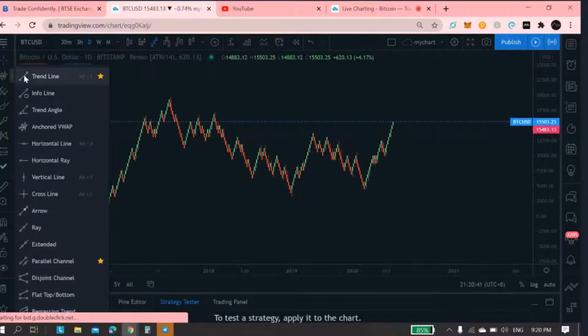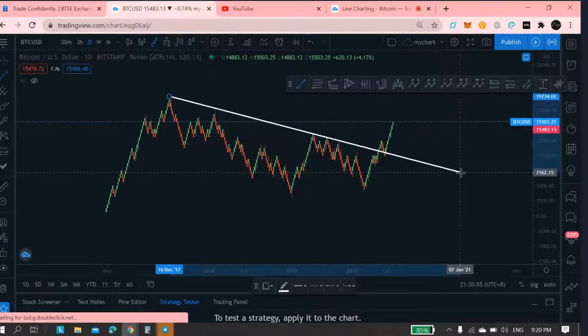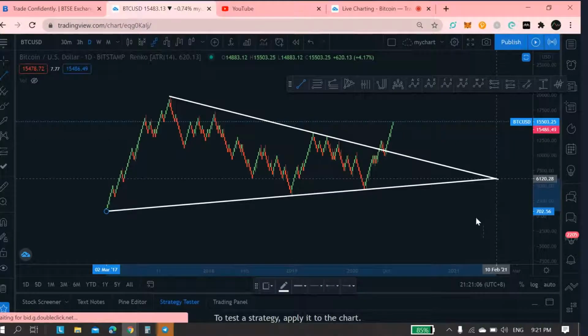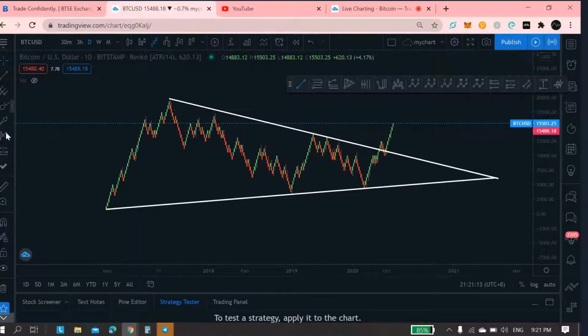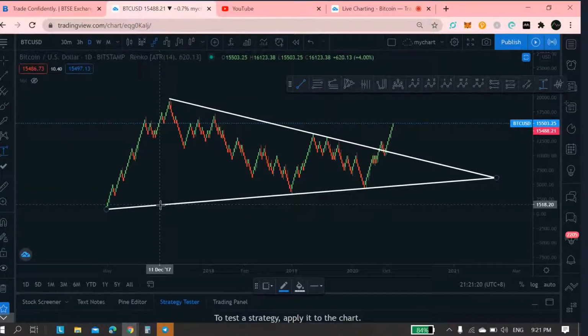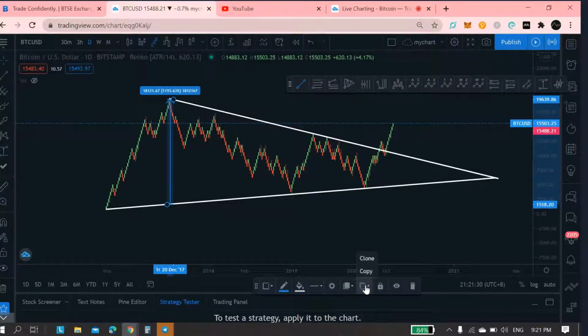Normally for a triangle, we measure the height and then put that after it breaks out.